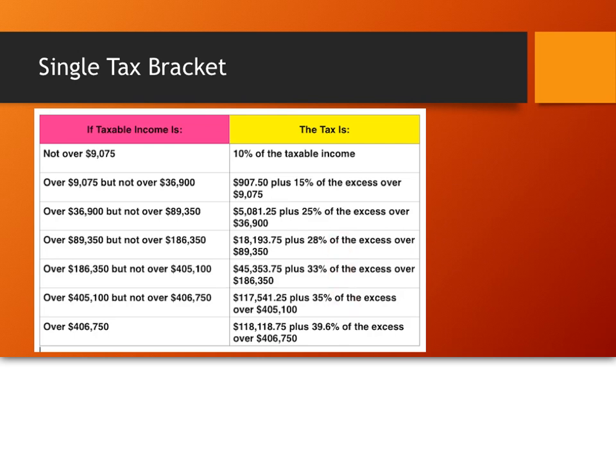But again, as you get higher, the multipliers get higher up until you get to 39.6%. However, that 39.6% is only the percentage you pay in taxes over $406,000. Okay? So that's how the tax bracket works.